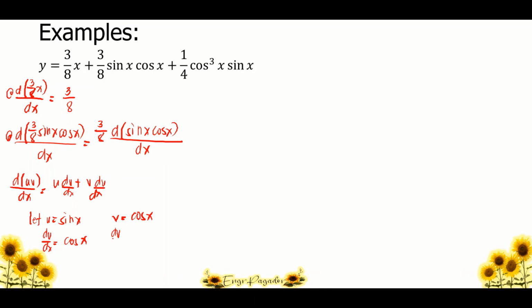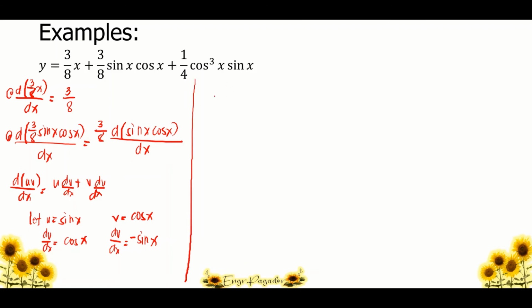And for dv over dx naman, the derivative of cosine x with respect to x will be equal to negative sine x. Okay? So again, same reason kung bakit hindi natin isusulat yung derivative of a constant is because dx over dx is equal to 1. So from here, pwede na natin tong i-substitute dito sa ating formula.